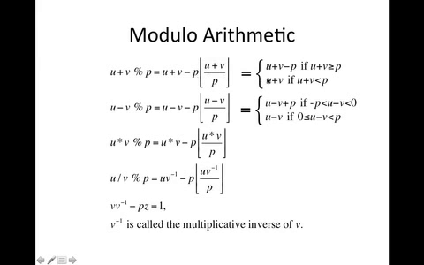And so this can be simplified to this expression here on the right hand side. If u plus v is greater than or equal to p, then you take out the p portion of it, and that leaves the remainder of u plus v mod p. If, on the other hand, it's not greater or equal to p, then whatever you added is exactly what you will get as the remainder of the sum of the two operands, mod p.